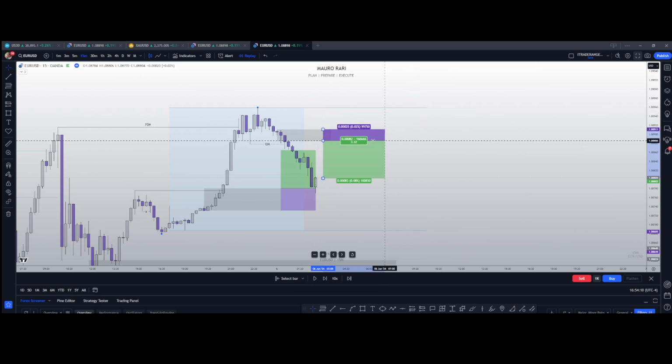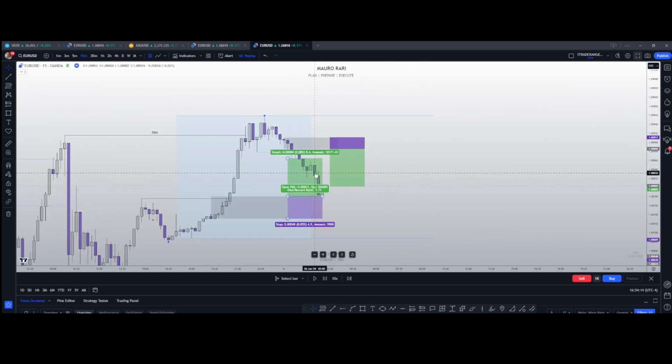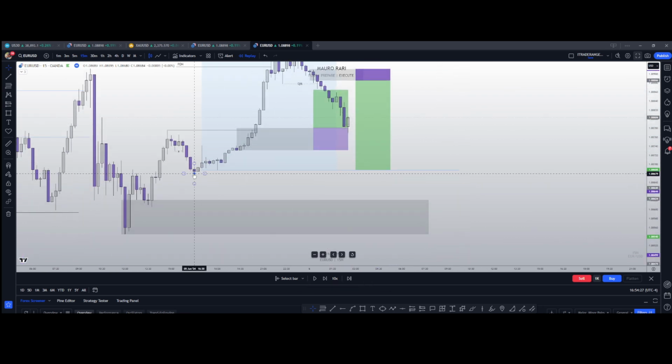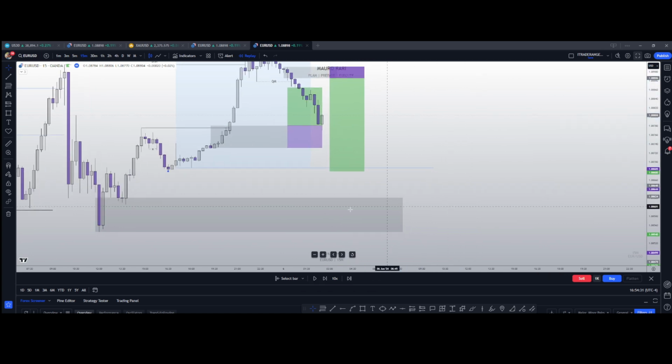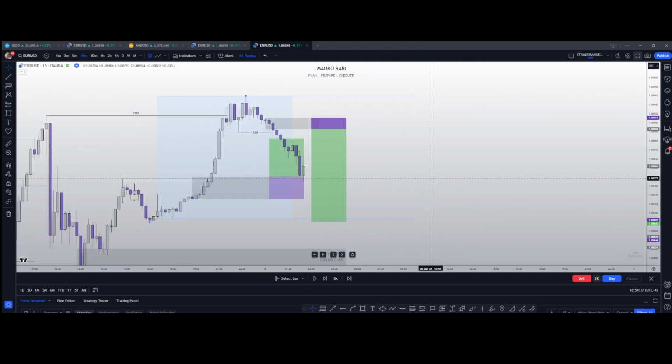Okay, as also for the price, there is literally no reason to keep pushing up after taking this inducement. Okay, and I'm gonna target what? I'm gonna target the Asia low, and eventually this strong. Okay, and I'm gonna get ready to get in my daily key level, targeting the Asia high.